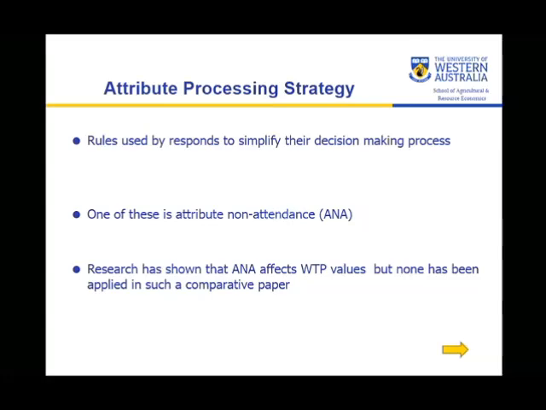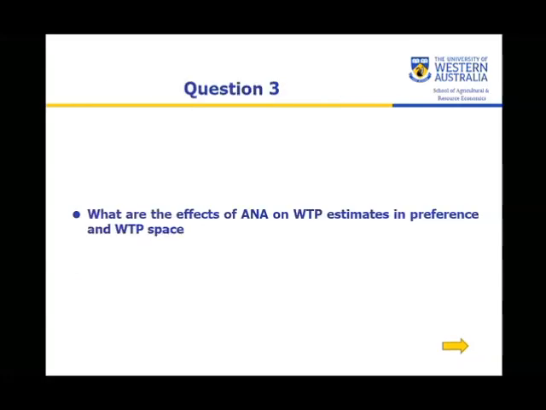The point is, if one person does not consider an attribute, but the person's coefficient or utility is used in calculating willingness to pay, then there's going to be a bias in the willingness to pay estimate. So we say we need to account for such decision-making behavior. That brings us to our third question, which is, what are the effects of ANA on willingness to pay estimates in preference and WTP space?